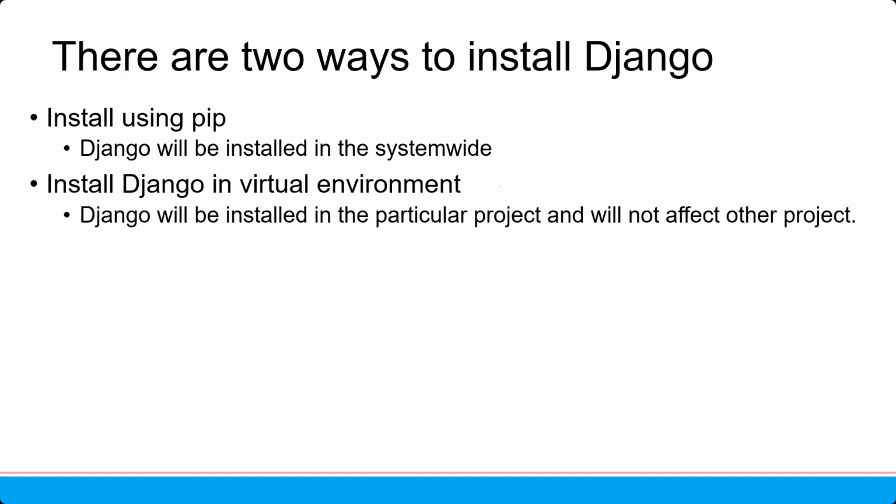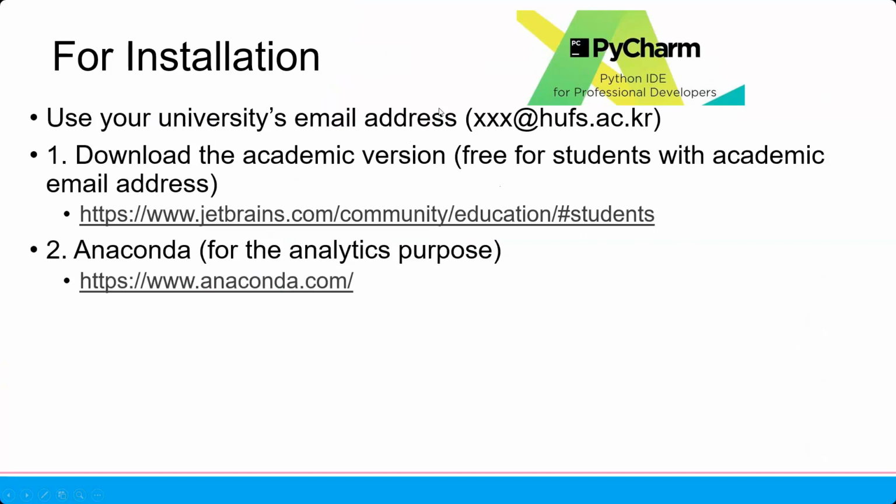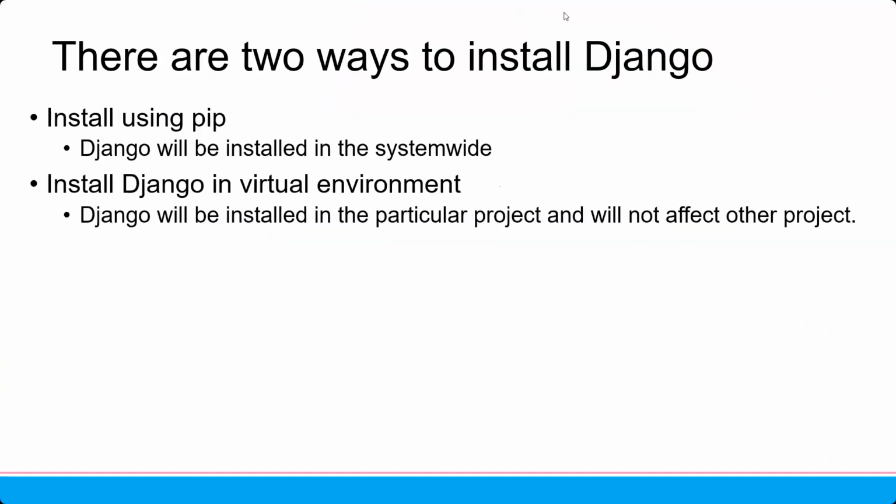So first, there are two ways to install Django. I assume that you already have your PyCharm, so I will just skip this one. The second part is how to install Django in your computer or in your PyCharm. You can install using pip.